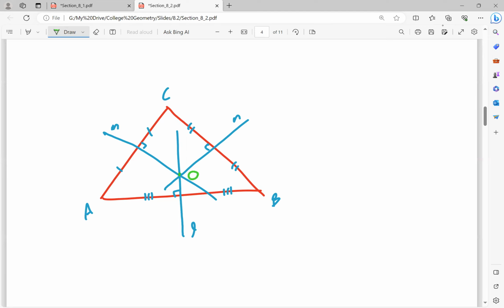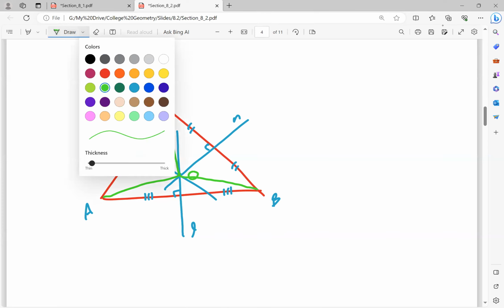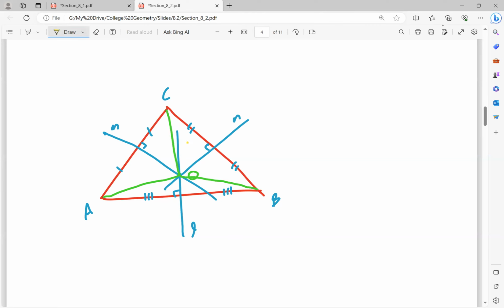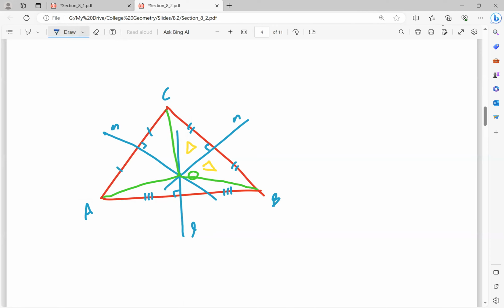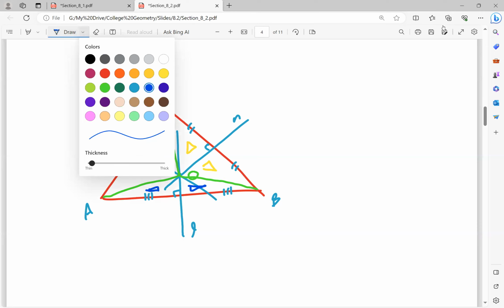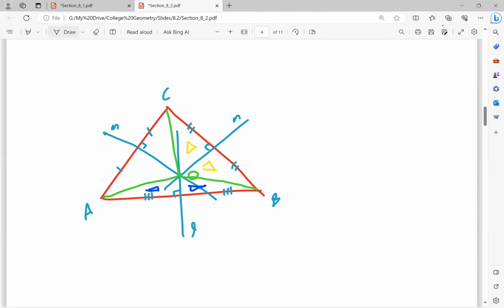All right, so draw from O to C, O to A, and O to B. Well, then in that case, we have side-angle-side here. Basically, the yellow triangle is congruent to the yellow triangle, and the blue triangle congruent to the blue triangle, and the purple triangle congruent to the purple triangle.